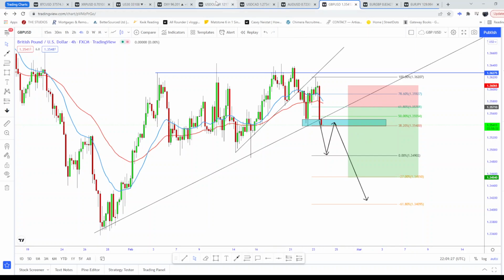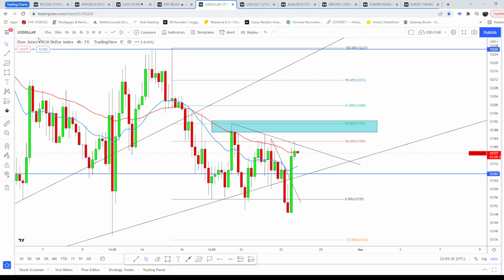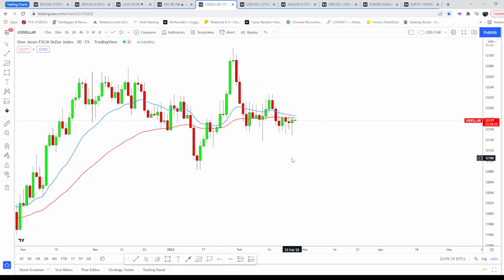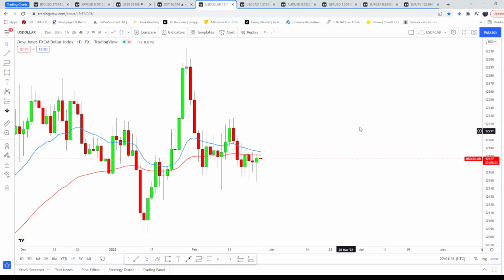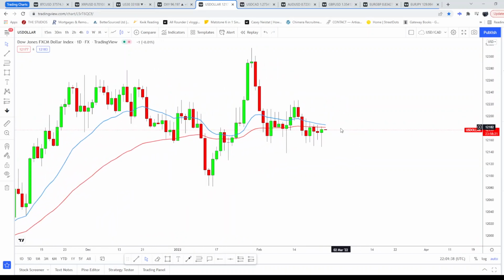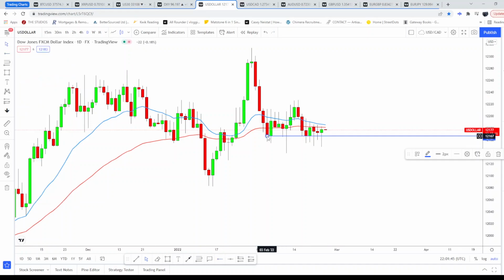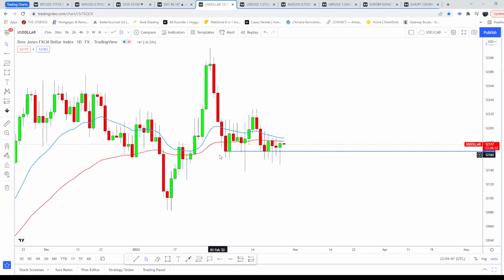With that being said, let me just show you US dollar. It does look quite a bit messy, but that is for a reason. On the daily time frame, what I can see is that there is some support level down here, and you can see how many times it rejected it.